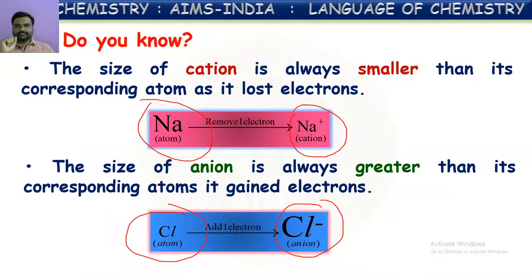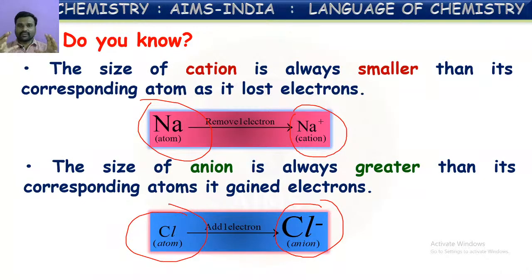Why? Because chlorine, as we know, its atomic number is 17. It has 17 electrons in its orbits. When it gains one more electron, the number of electrons becomes 18. So the accommodation of these electrons becomes tight, and hence they come a little away from the nucleus. So size increases.